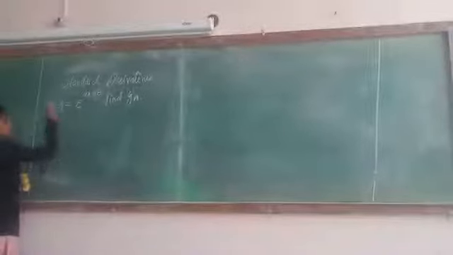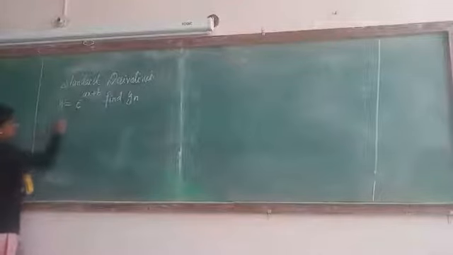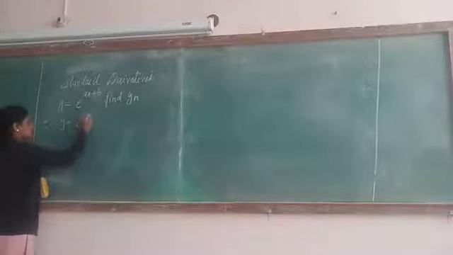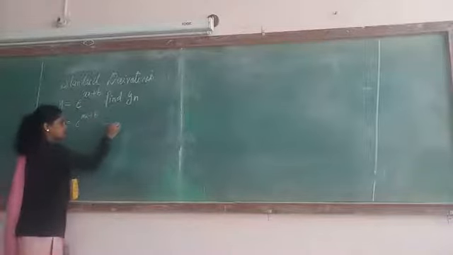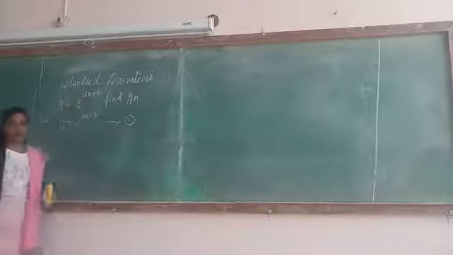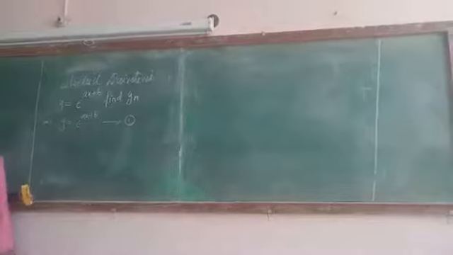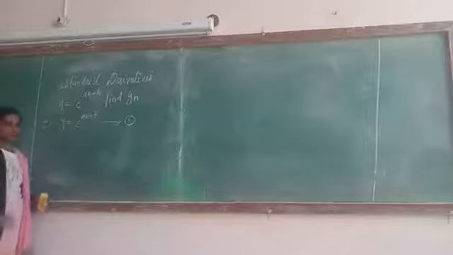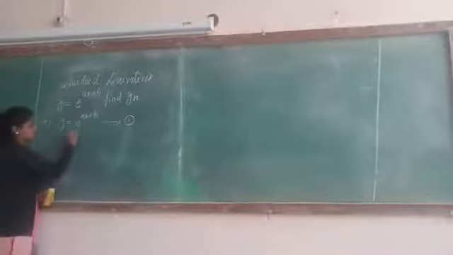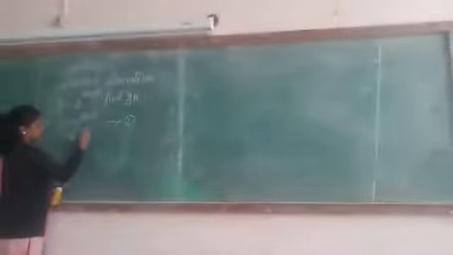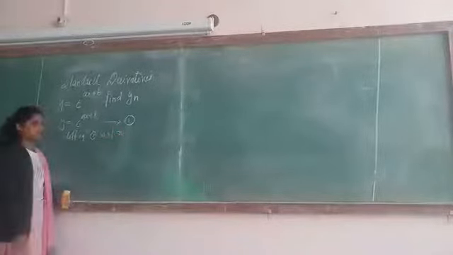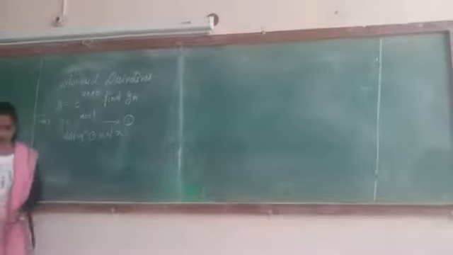Now see here, the solution given is y is equal to e to the power ax plus b, and consider this as equation 1. Now differentiating equation 1 with respect to x.